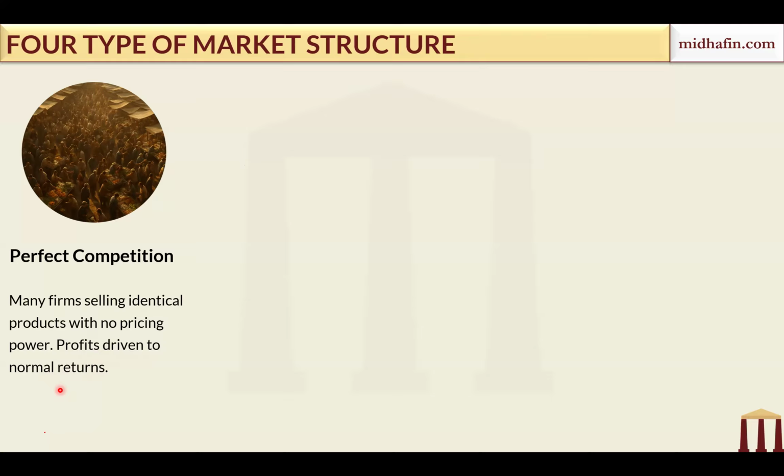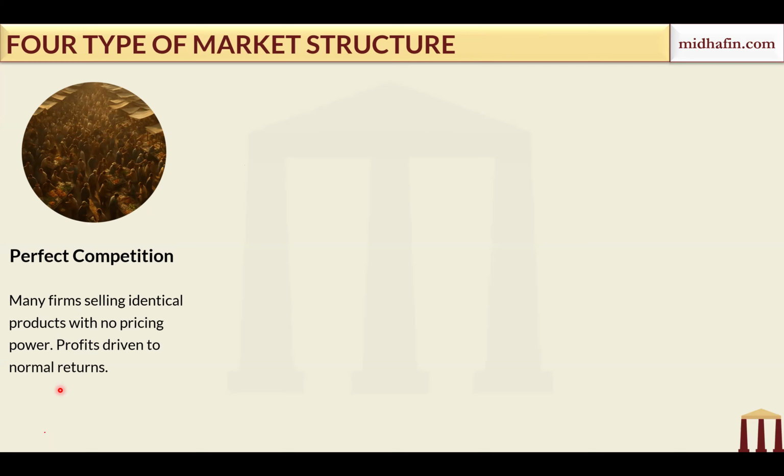Last class we were discussing a real world example, agri based commodities, agricultural markets, right? Wheat, rice, corn, all these things. If you have a quintal of wheat from one farmer, that is essentially identical to that from another farmer.